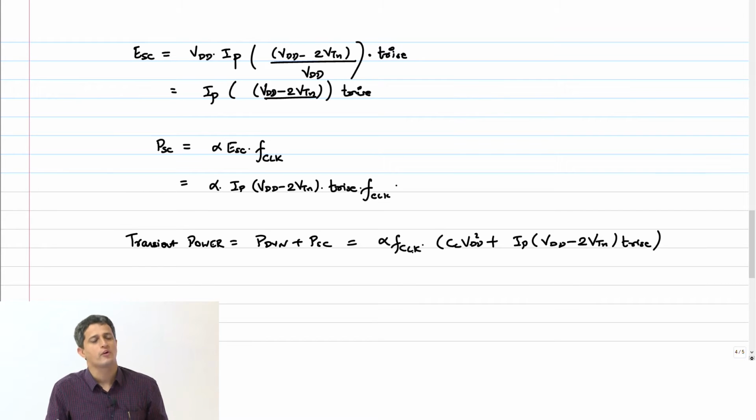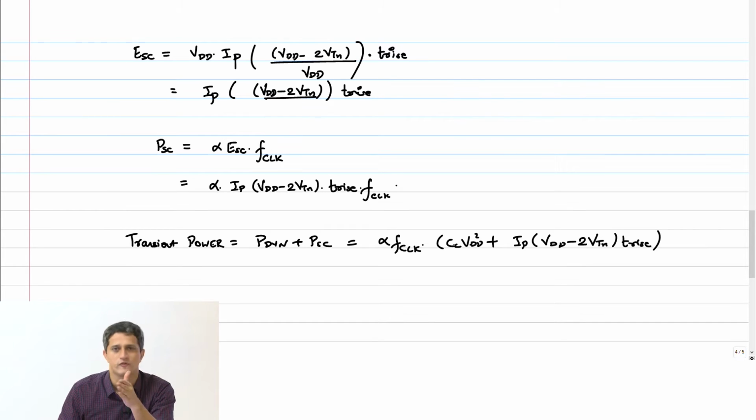Now if I want to reduce the total transient power, one way is, of course, I can reduce my VDD. VDD squared will reduce, dynamic power will come down, and of course dynamic power is going to be the dominant component of this transient power compared to short circuit power. This will dominate.